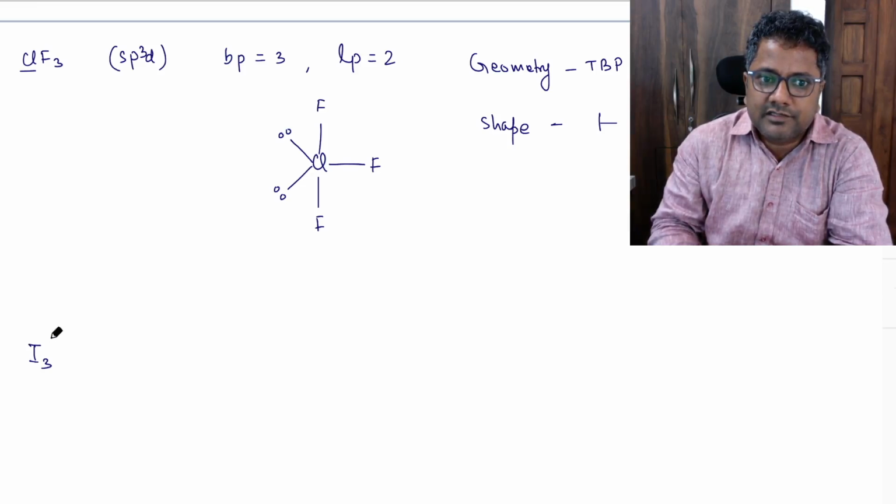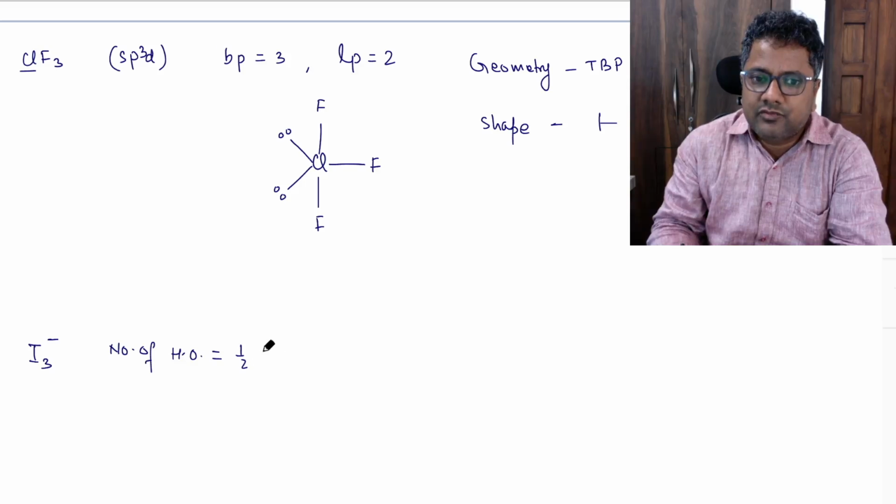Now see another molecule, I3 minus, right? In I3 minus, you have central atom I. So the number of hybrid orbitals is equal to 1/2 of valence electrons: 7 for iodine, plus 2 for the monovalent iodines, plus 1 for the negative charge.